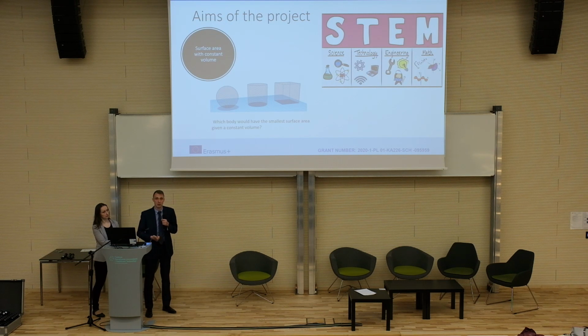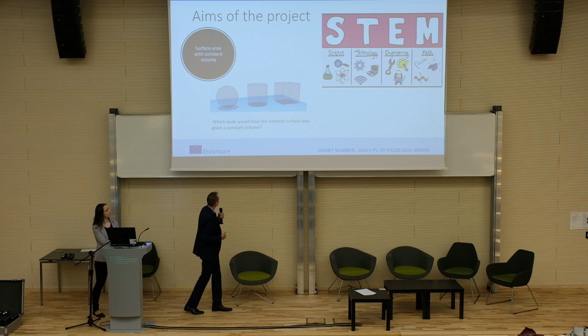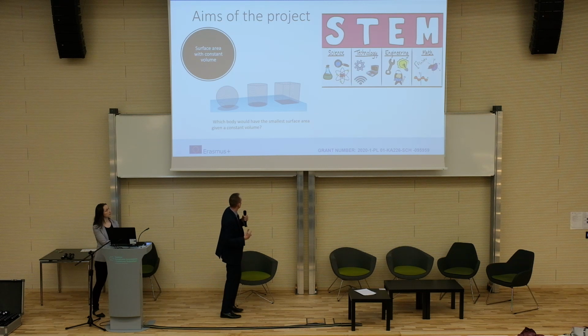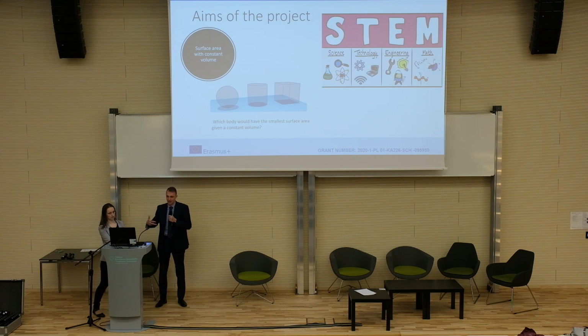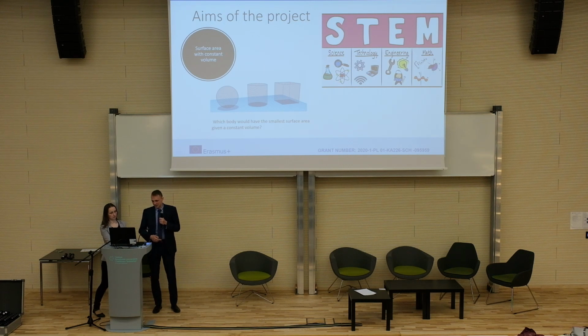So we have a sphere, we have a cylinder, and we have a cube. And the question is, which body would have the smallest surface area given a constant volume? It's a valid question regarding the soap bubbles in mathematics, which is yet to be determined. But these are prime and transparent examples of what we want to explain further.